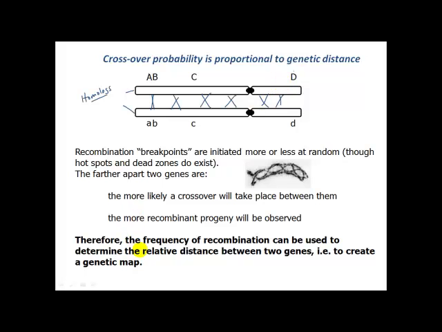So the consequence of that is that we can use the frequency of recombination to determine the relative genetic distance between two genes and use that to create a genetic map that describes the physical location and the distance between genes along the chromosome.